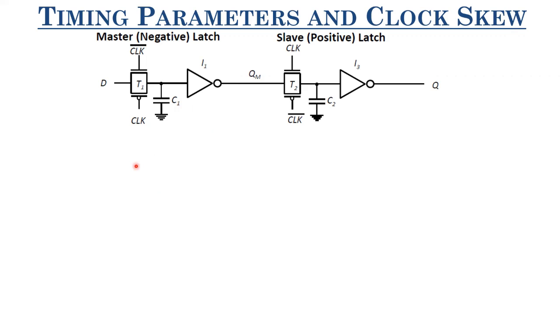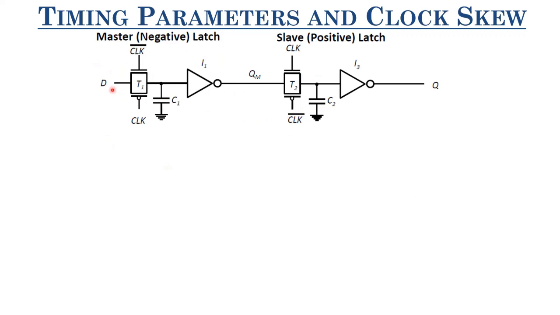So what is the meaning of setup time? The meaning of setup time is that D must be available at QM. How much time before the clock edge should D be available at QM, or should D be stable? It's better to express it as how much time before the clock edge should the input be stable.